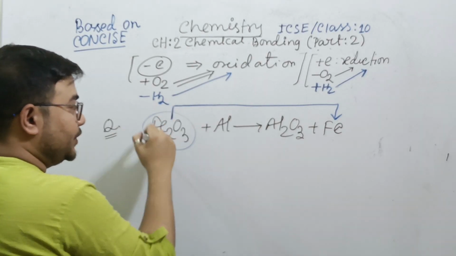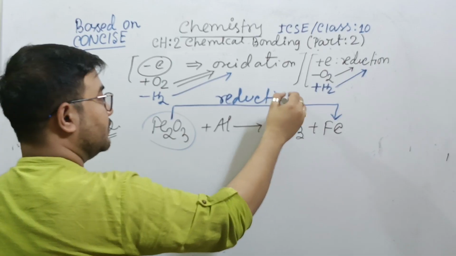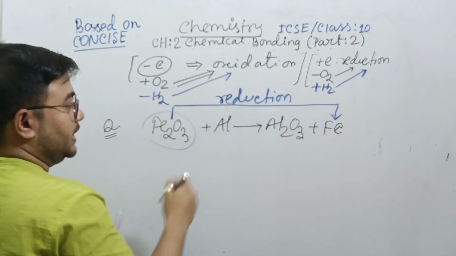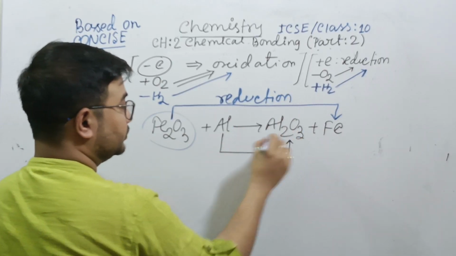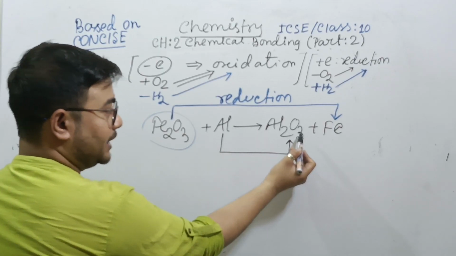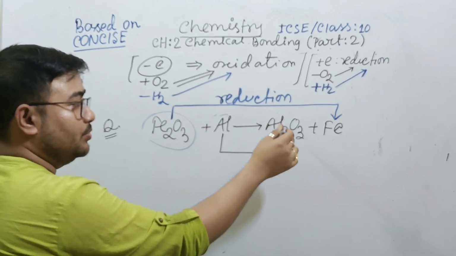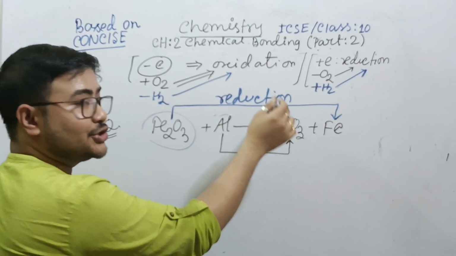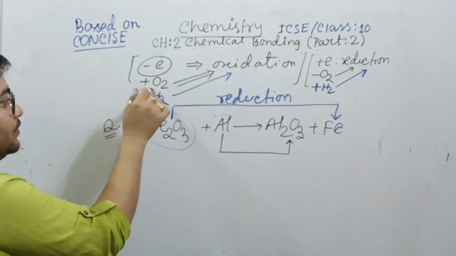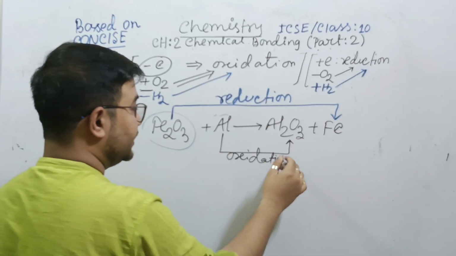So from Fe2O3 to Fe is called reduction. Now again look at the board. Here aluminium is converted, arrow is present, so aluminium to aluminium oxide. Here only aluminium is there, but here aluminium is attached with oxygen. So addition of oxygen means what? Oxidation.